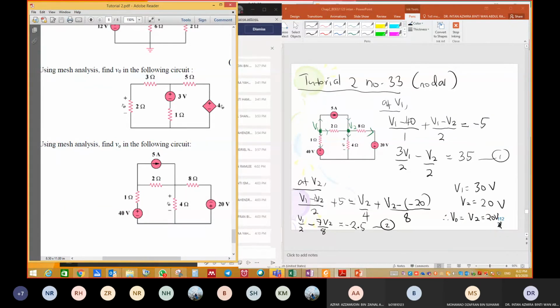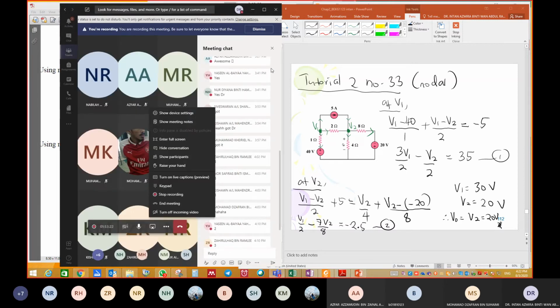Okay, any question? Any one of you cannot understand my calculation of number 33? Just ask. If you really understand the concept, then any circuit will be easy. Any one of you want to ask me about this question?